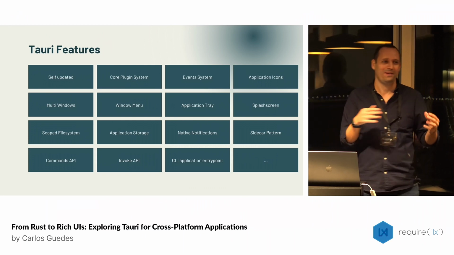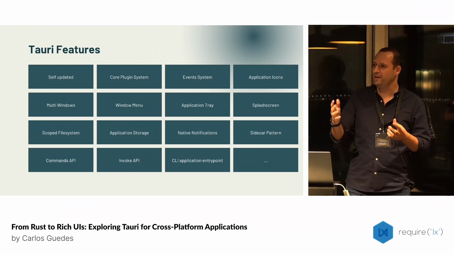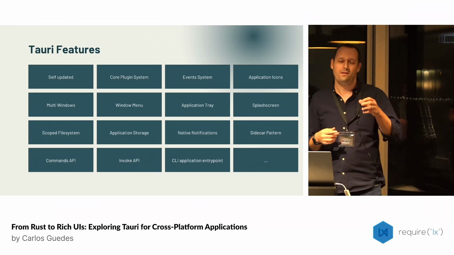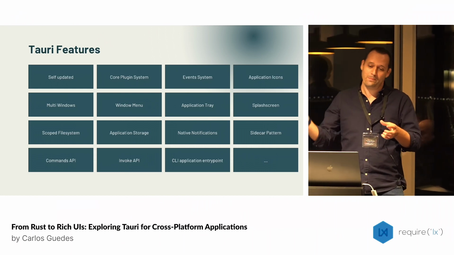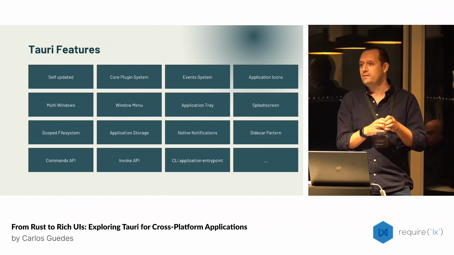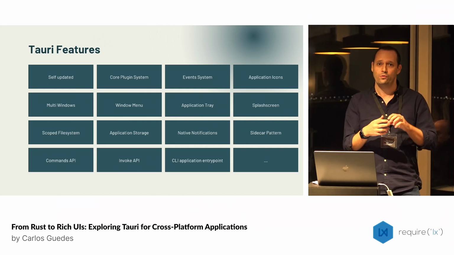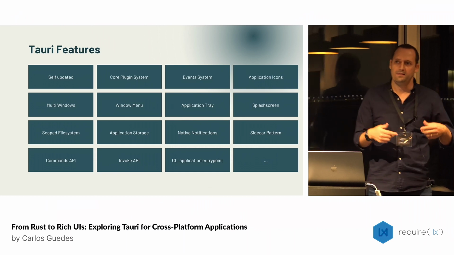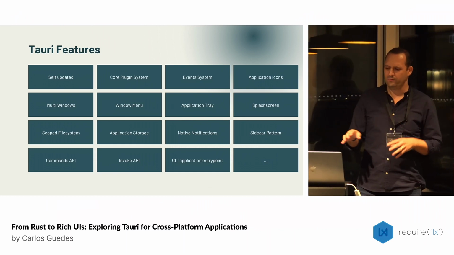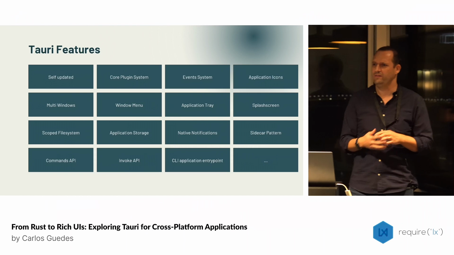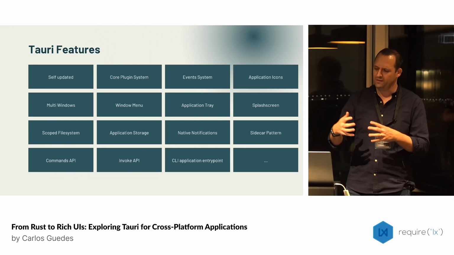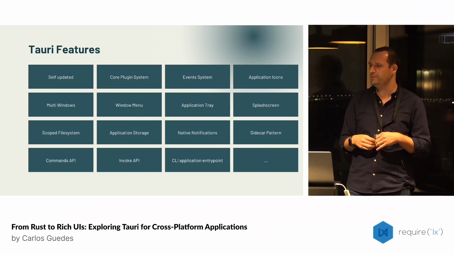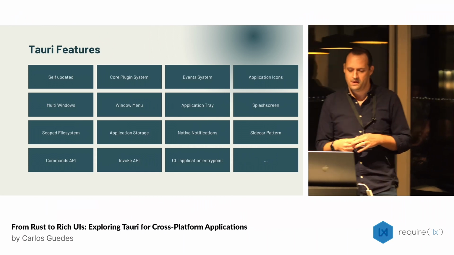So how can we join these two worlds? Okay, we can have a Python script, a Python application that we bundle inside, and we use the sidecar pattern to call that application. We have multiple ways of controlling the life cycle of these applications, etc. So that's using the sidecar pattern and in a way the commands API.